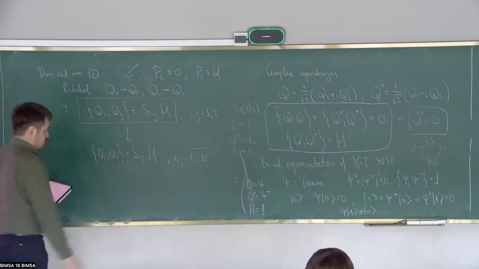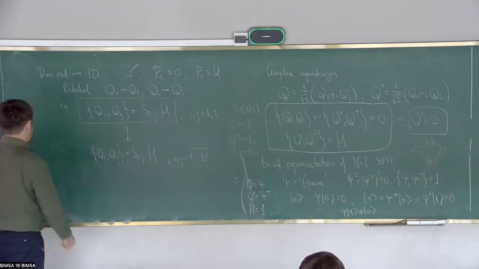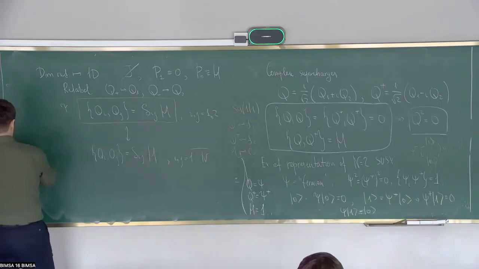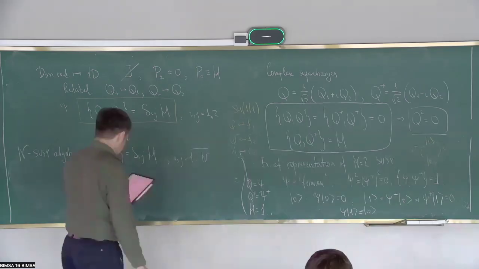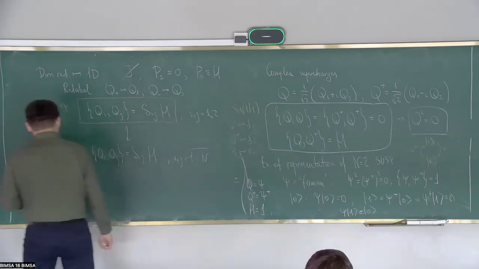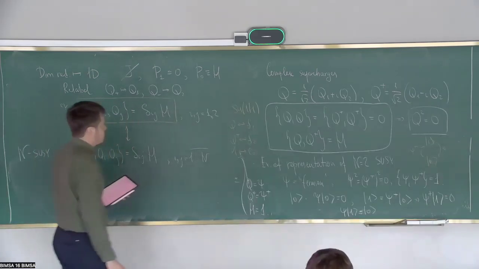So this is the N = n supersymmetry algebra. This is standard supersymmetry if n is greater than 2. In this course, I will mostly look at N = 2 and N = 4 algebras.